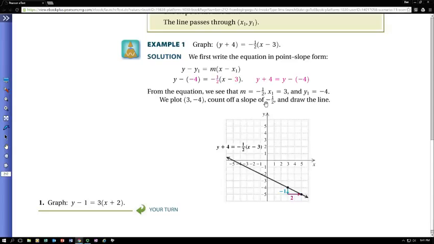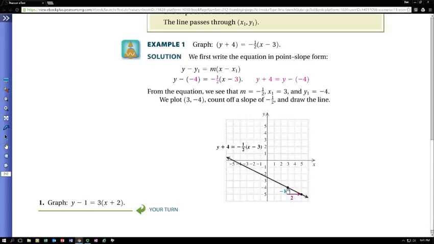Now with the slope, you have to remember that with negative slopes or positive slopes, I can write this a couple different ways, and I want to write this in a useful way. For this fraction, I want it to be a number over a number, not the negative of a number over a number. So I could think of this as -1 over +2, and that's useful as far as slope.